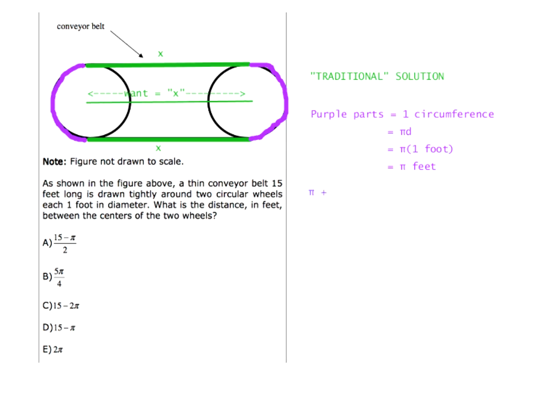So you have pi feet plus the green parts, which are 2x. And that's going to be 15 feet, because they tell you the whole conveyor belt is 15 feet. So you solve for x. 2x is 15 minus pi. So x is (15 minus pi) divided by 2.